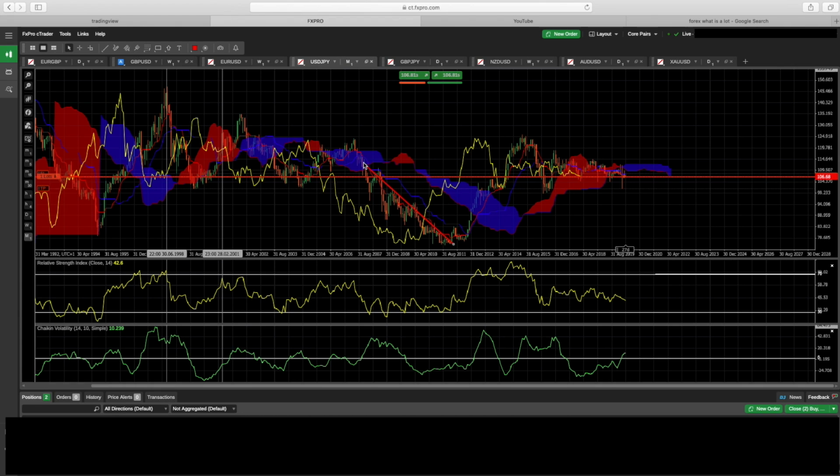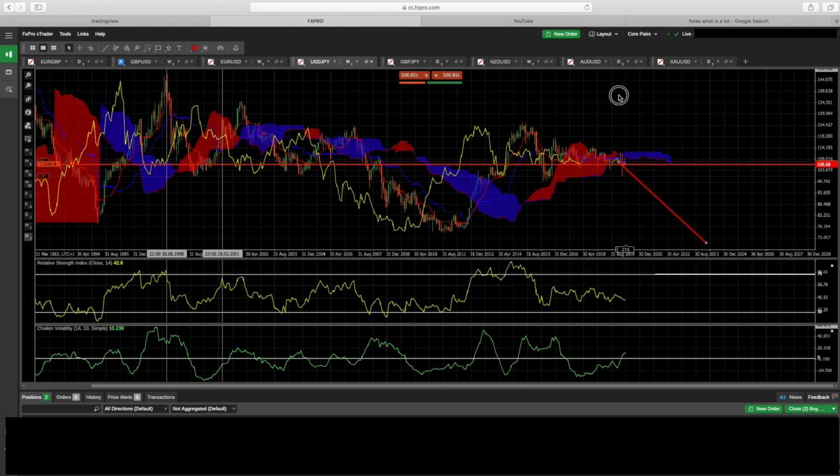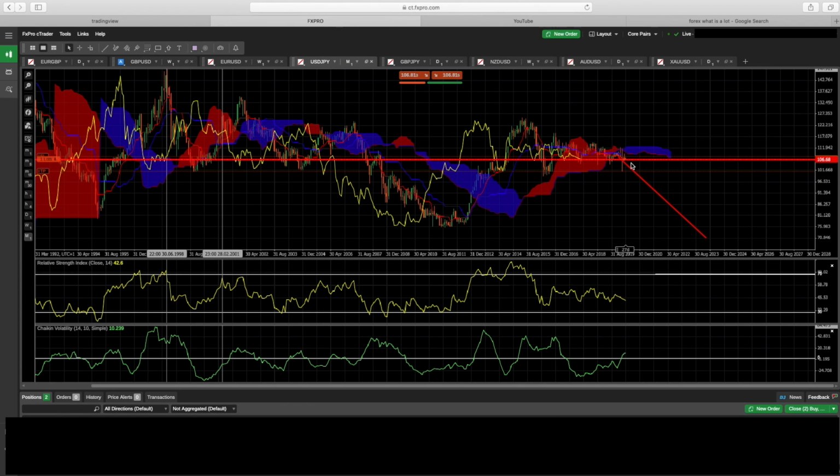So I'm drawing the trend line here to show you what I'm talking about. We closed below the cloud in 2007 to 2011, the financial crisis. That's Black Monday, which happened in August 2011. So we'll move that trend line here to see where we closed below the cloud, and we can see that the trend was to the downside here.